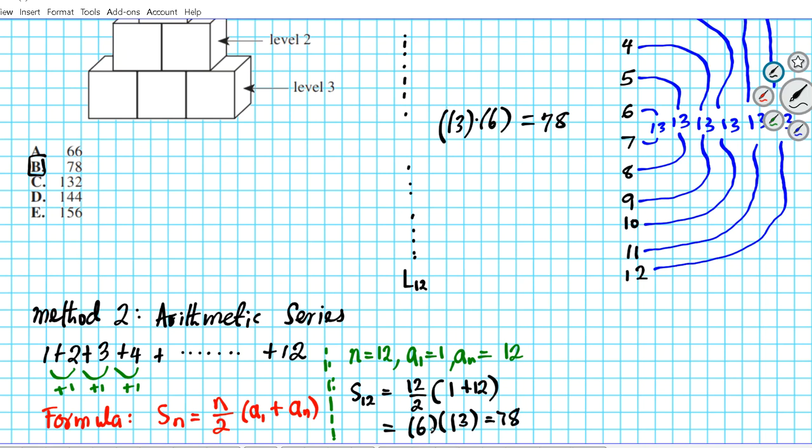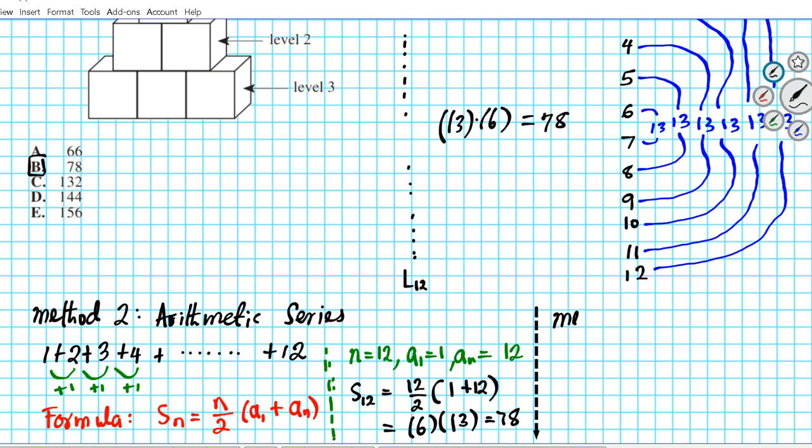So this is a much faster method if you can identify that you're dealing with an arithmetic series and you remember the formula for the sum of n terms of an arithmetic series. Okay, and then the last one is the most advanced one, which is the fastest one.